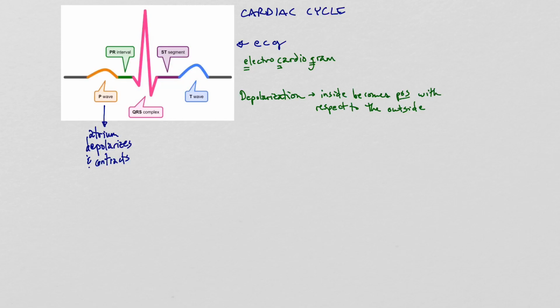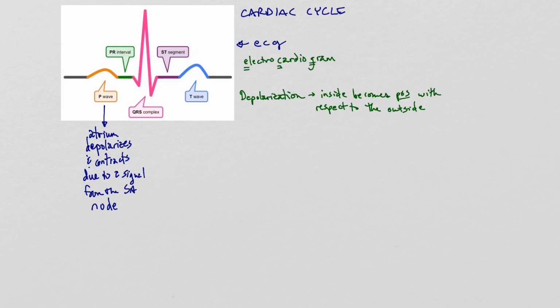They will act when they become positive. This is due to a signal from the SA node from a couple of days ago. So it would be really good to pay attention to the notes from a few days ago about how the electrical activity of the heart works.